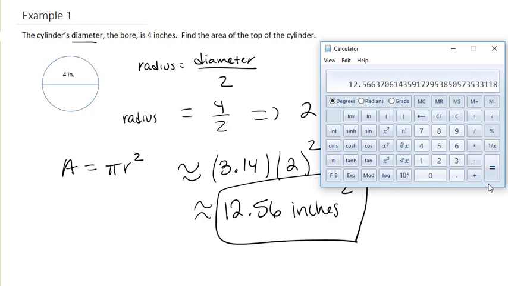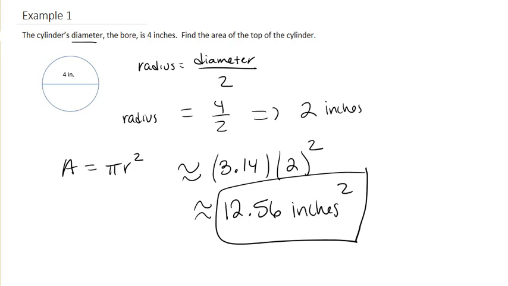And we're left with 12.57 if we round it to the nearest hundredths. Now, when you're solving in WAMAP, you can write either 12.56 or 12.57, as it will accept both answers based upon which one you used, if you use the pi button on the calculator, or if you just went 3.14.